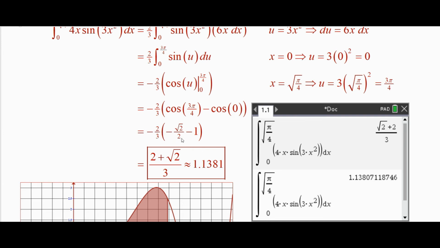Negative 2, and this negative 2 cancels, leaves me the square root of 2, positive. And the negative 2 times the negative 1 gives me positive 2. So one way to write it as a single fraction is 2 plus the square root of 2 all over 3, which rounds off to about 1.1381 as a decimal approximation. The exact value is the one with the square root in it, though. And that's what the CAS calculator gave me for an answer here, and a decimal there.